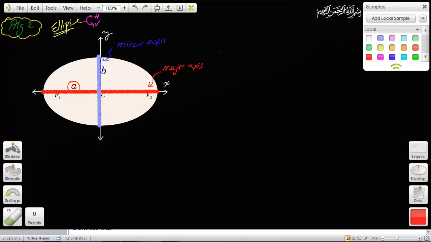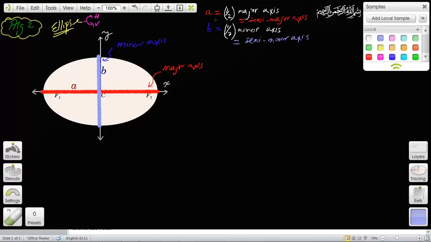So A would be half of the major axis. So A is the length of the semi-major axis, and B is half of the minor axis, or you can call it the semi-minor axis. So, for example, if the whole thing was from here to here, from one end of this ellipse, so to speak, to the other, and if the whole thing was 10, A would be 5. It would be half of the major axis.